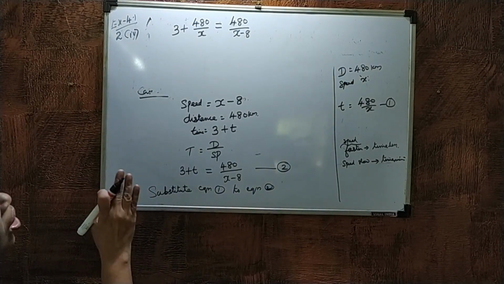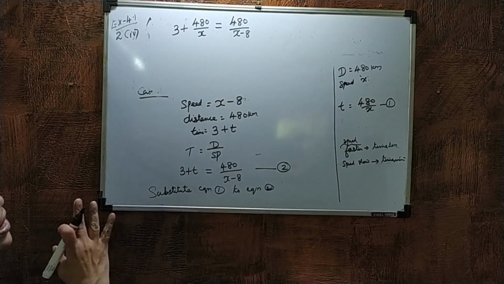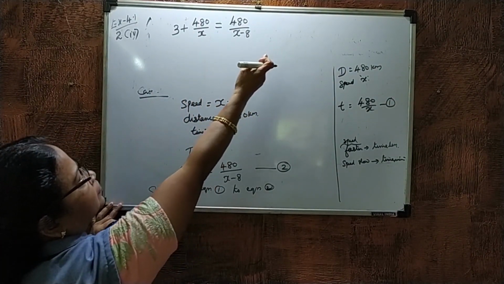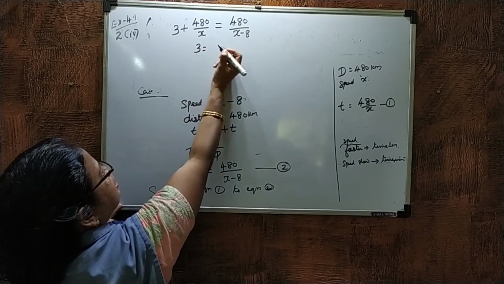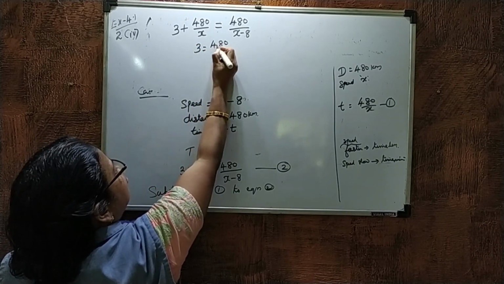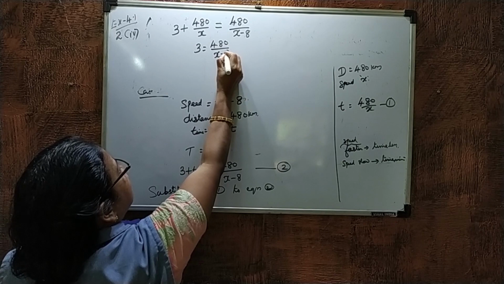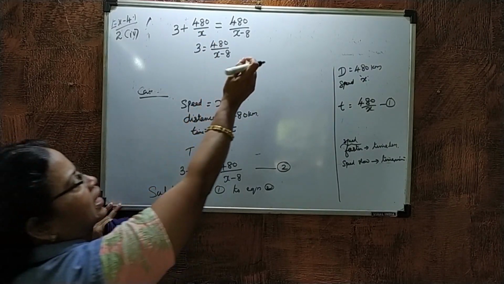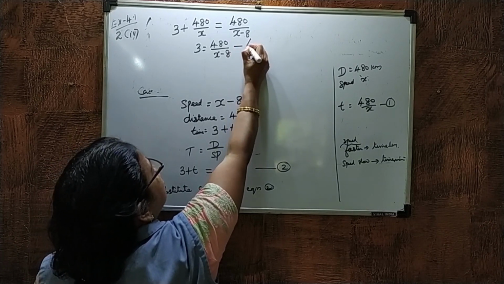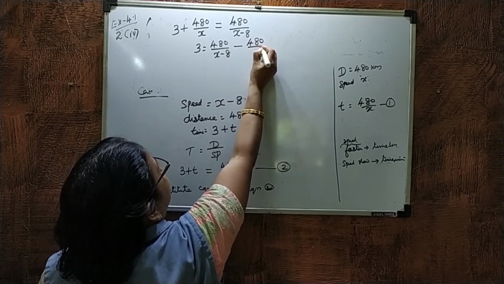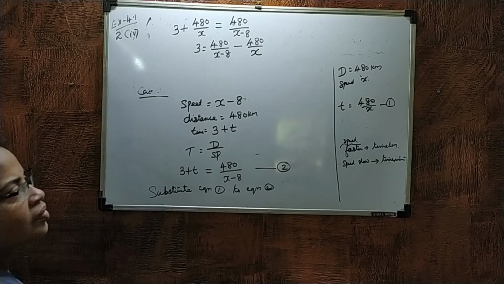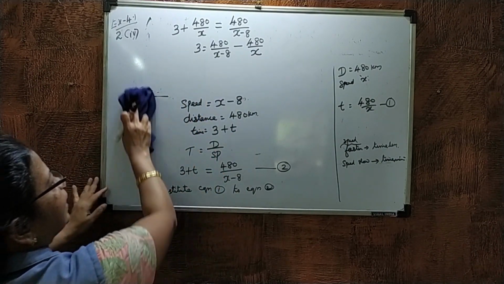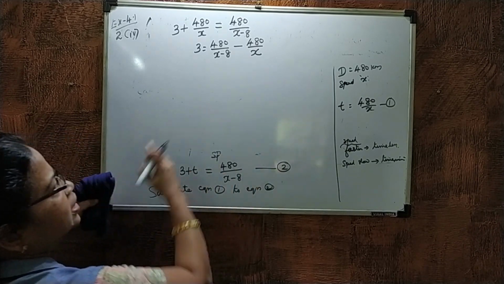Now look, on the top 480 is there. We will take this 480 by x to this side. So 3 equals 480 by x minus 8, taking this 480 by x to the right hand side, so it will be minus 480 by x. Now we will arrange this right hand side to the left hand side, and we will take this 3 here itself.